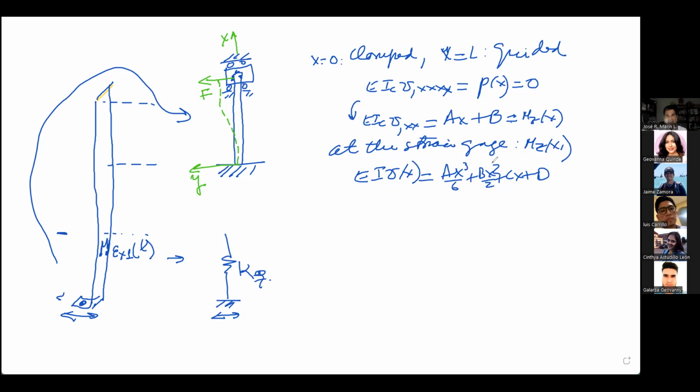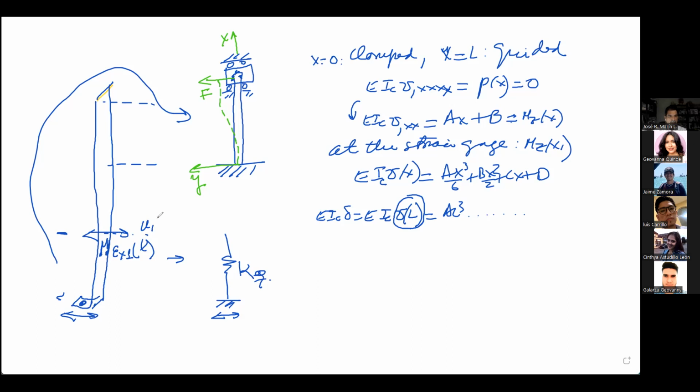Well, here you can evaluate it, because you can say that EI times delta is equal to, who is this value? This value is the motion direction. And this is the displacement of the mass that you have here.